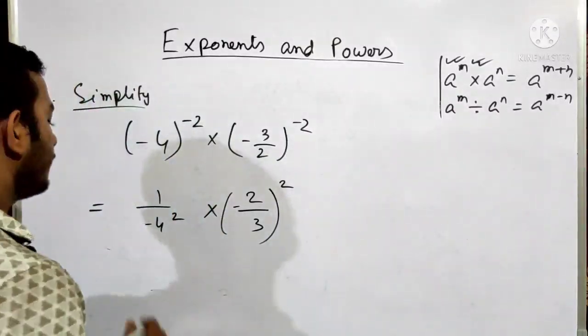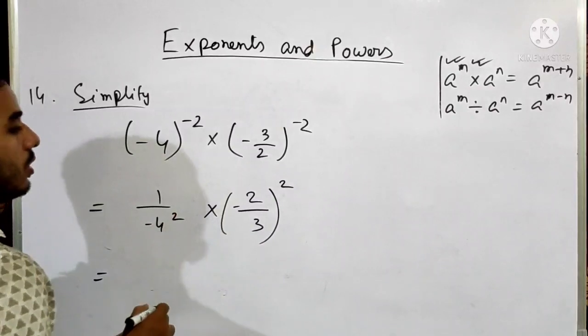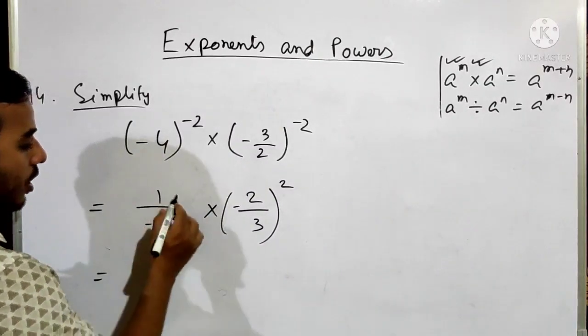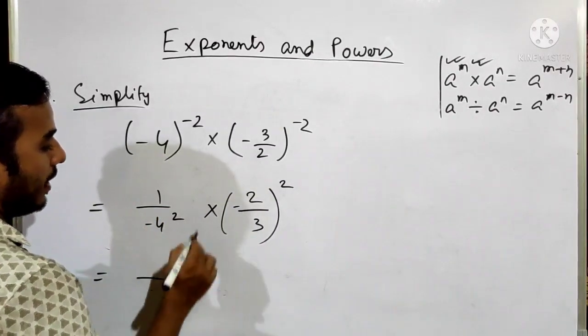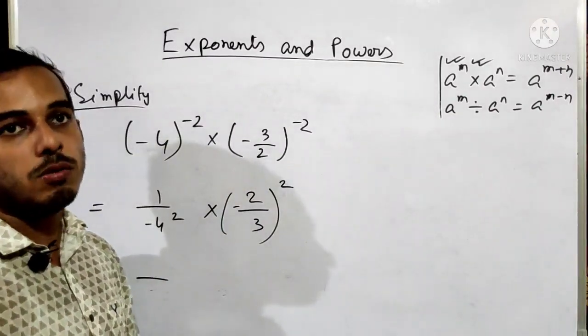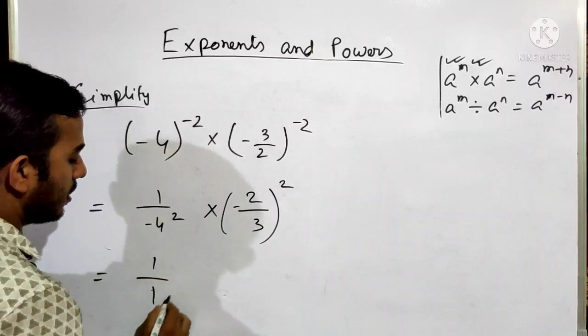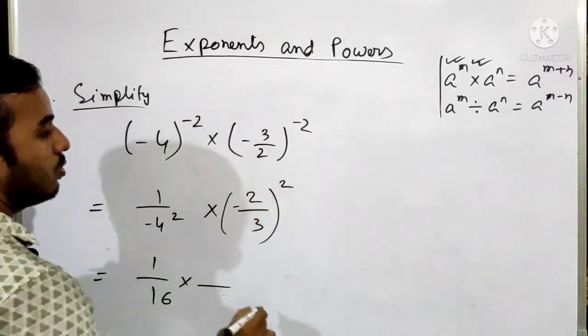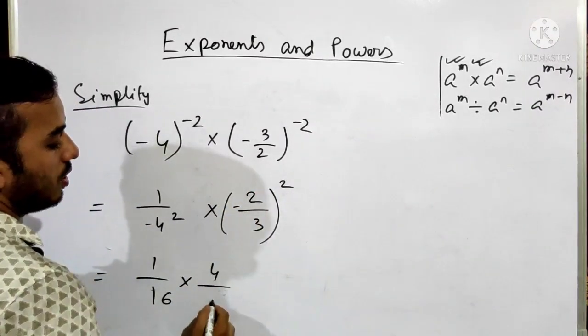Clear? Okay, so look, this will be 1 divided by minus 4 into minus 4. Now minus 4 into minus 4 is 16, so 1 by 16. Then minus 2 into minus 2 is 4, and 3 into 3 is 9.